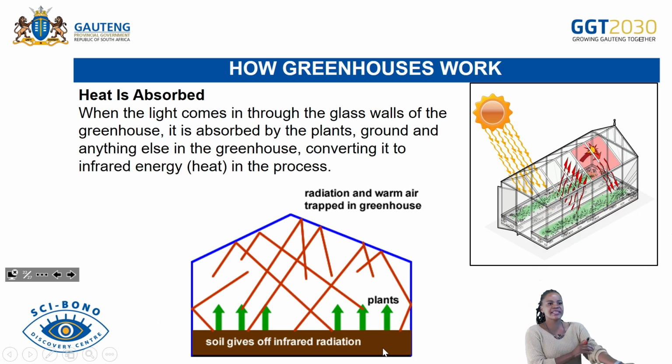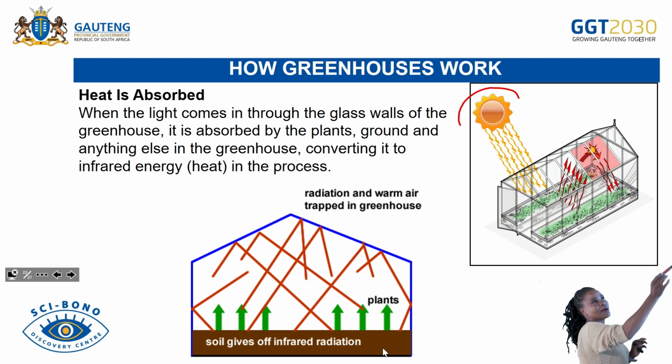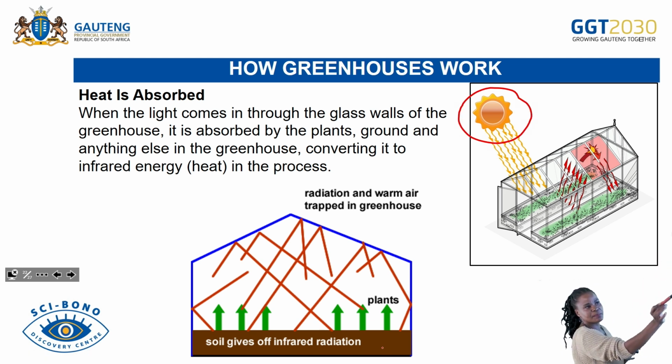So how is heat absorbed by the plants? When the light comes through the glasses or the walls of the greenhouses, it is absorbed by the plants. So this is our sunlight, and it passes through, and then it will be absorbed by our plants which are in the greenhouse.